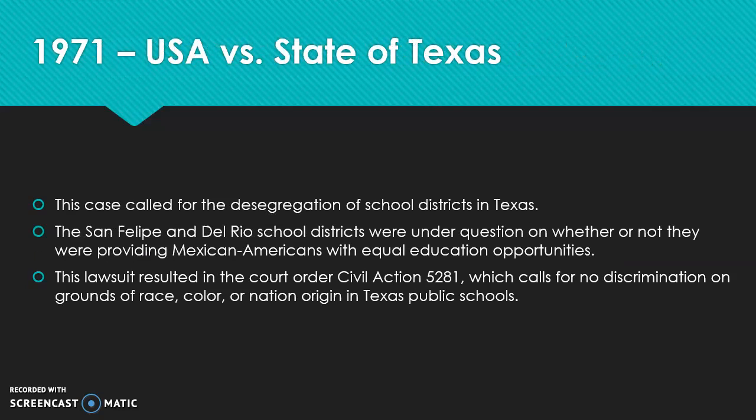(1971) The United States of America versus the State of Texas. This case called for the desegregation of school districts in Texas. The San Felipe and Del Rio school districts were under question over whether or not they were providing Mexican American students with equal education opportunities.